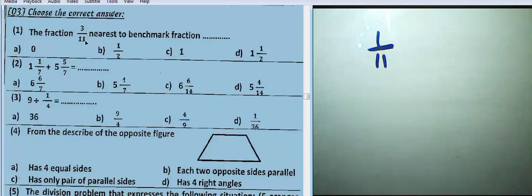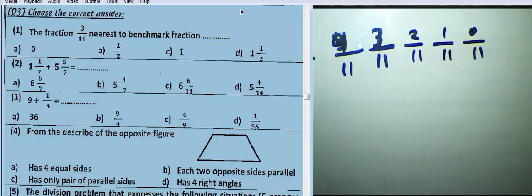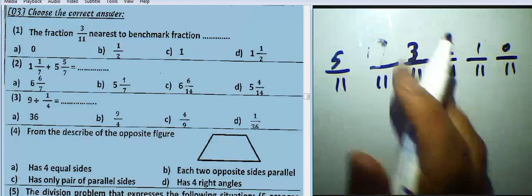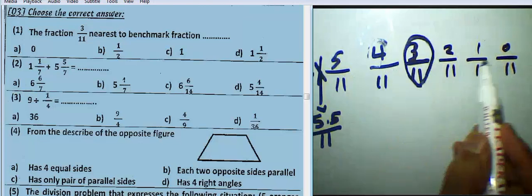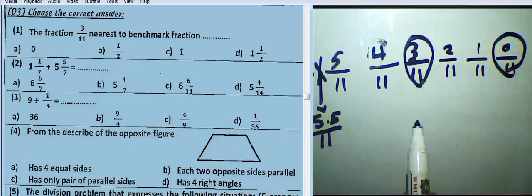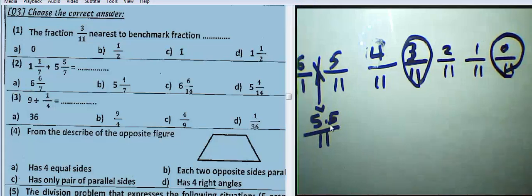Or you can think about the numbers 3 over 11, 2 over 11, 1 over 11, 0 over 11, and look at 3 over 11 relative to half of 11, which equals 5.5. Then 3 is compared to 5.5.